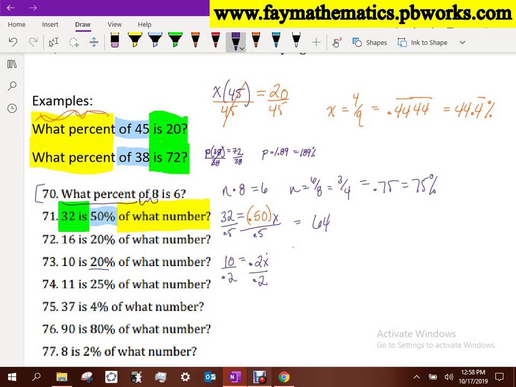Divide by 0.2. What do you get? X is 50. So now take 50 divided by 10. Well, that gives me 5. Take 10 divided by 50. That gives me 0.2. So I know, based on one of those fractions, that I'm able to generate my 20%, so I know I've done it correctly.